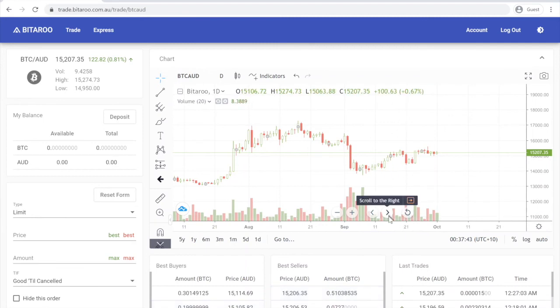You can see how many were traded for the day by hovering your mouse over these bars. And then you can see in the top left here the number of Bitcoin that was traded. So on this day there was 8.5, and then the next day there was 8.6, and it's color coded to represent whether the price moved up or down in that day.